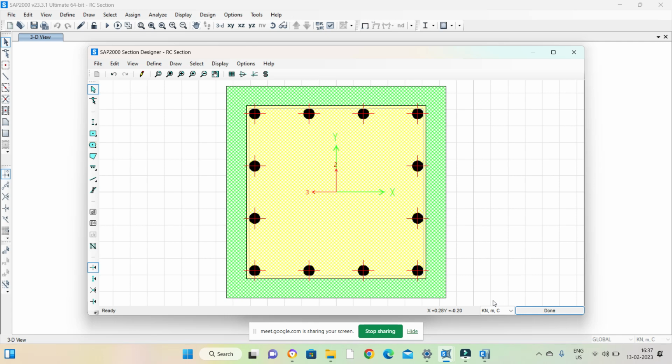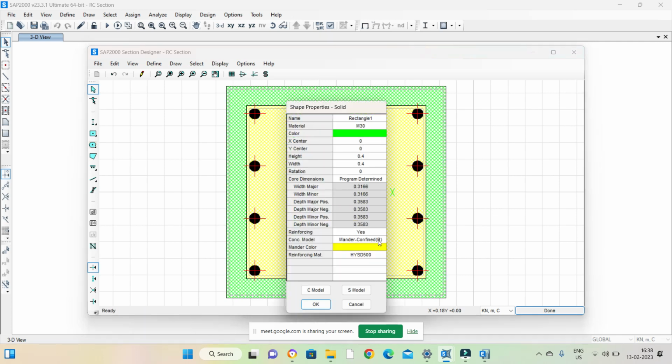Anyone? Excuse me, sir. Sir, how can we change the value of epsilon SU in the concrete model that you had recently opened? Okay, let me go back to that again.